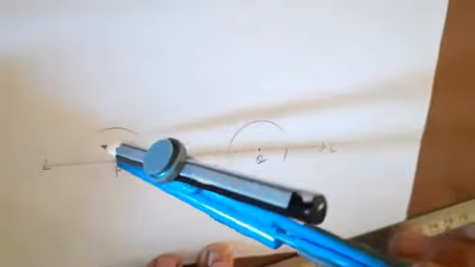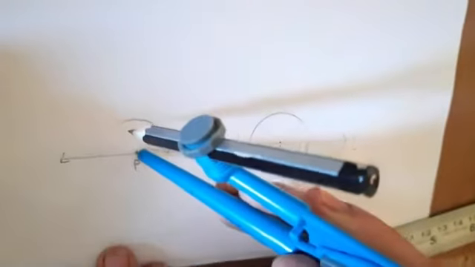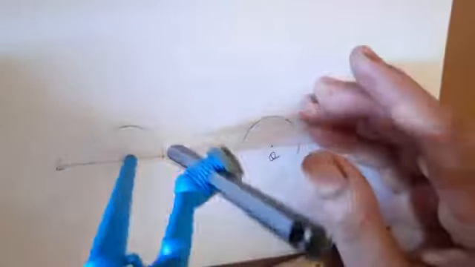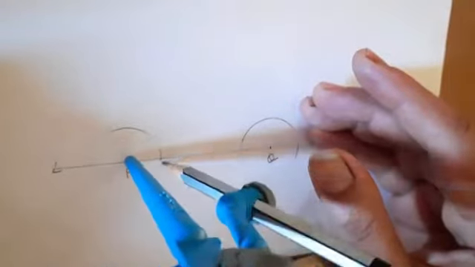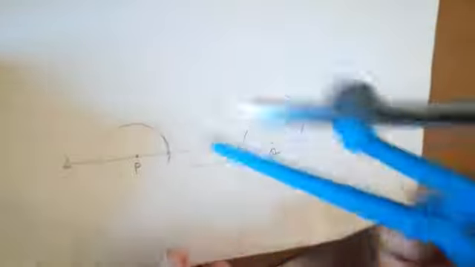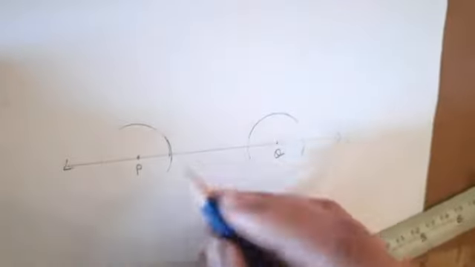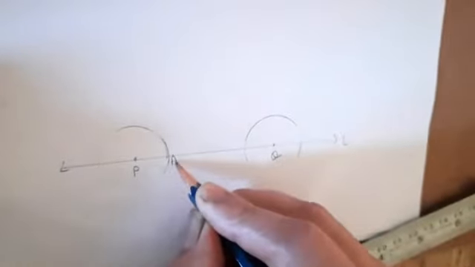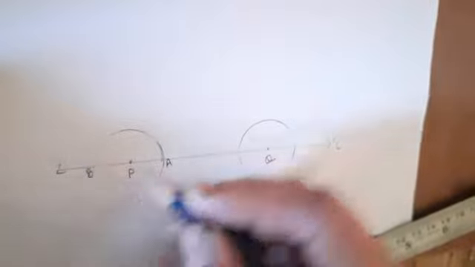Also it should cut the line L on both sides. Now it cuts, mark it, this is A and B.